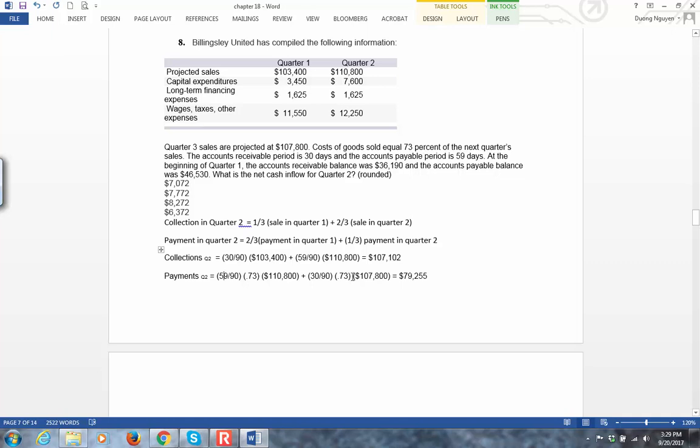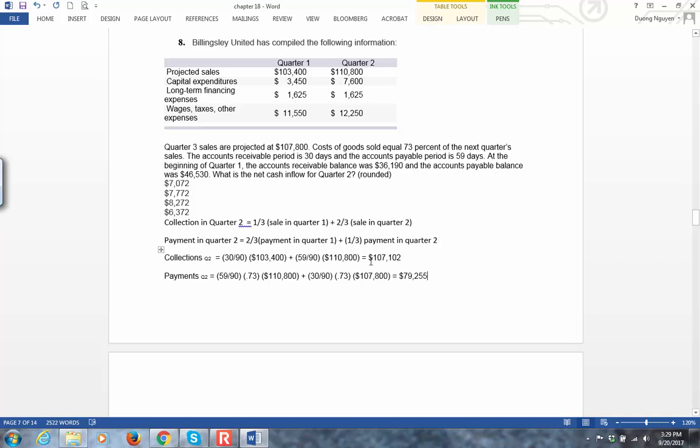What is the payment in quarter 2? Cost of goods sold is 73% times the following sales, which is sales in quarter 3, 107,800. The payment is 79,255.